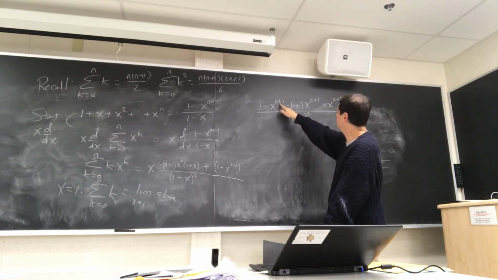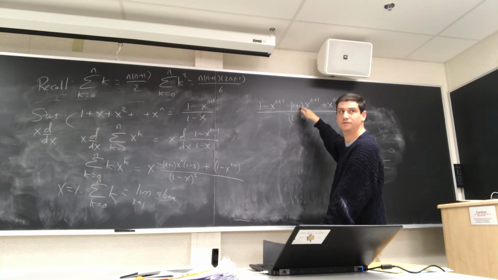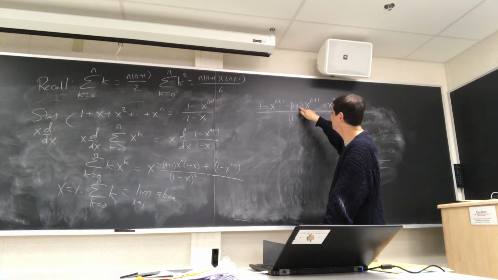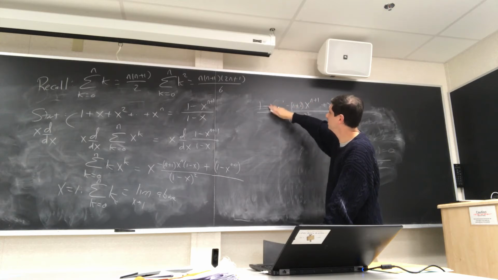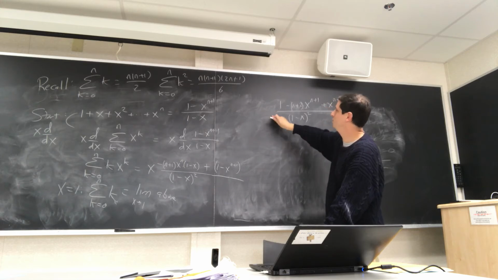And we have 1 minus x to the n plus 1, a minus x to the n plus 1. So I think that's going to just reinforce and become a minus 2 over here. I'm hoping people are watching the algebra. Does that look right? If not, we'll have problems.